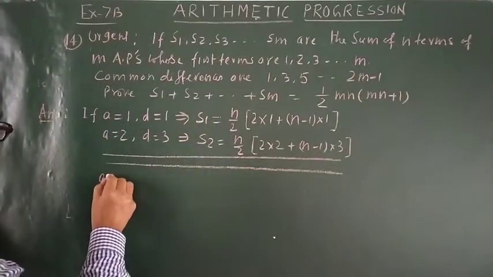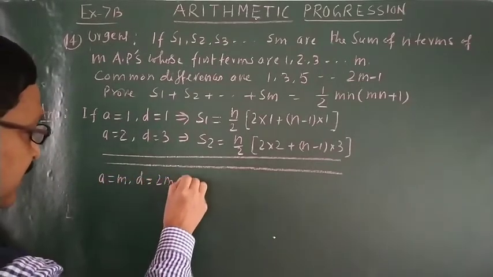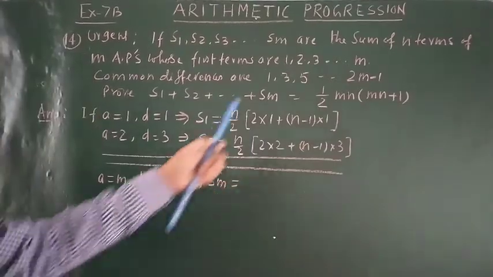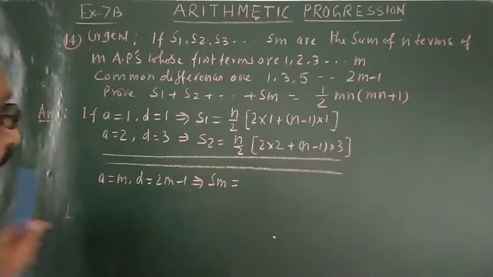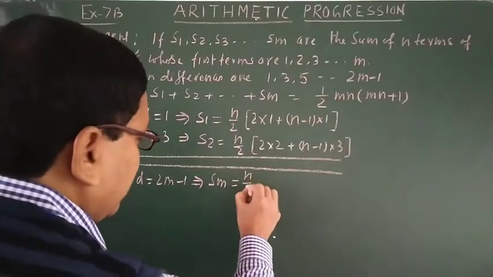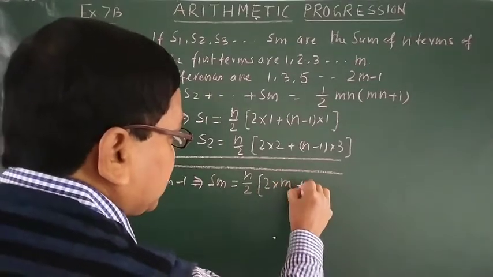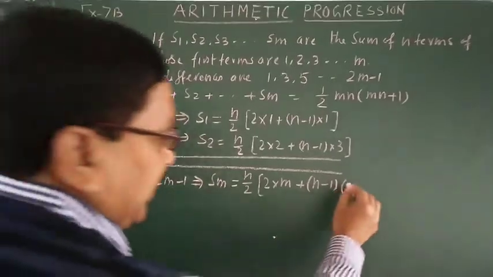If a is equal to m, d is equal to 2m minus 1, then Sm will be n by 2 (2a, a is m, plus (n minus 1) into d, d is 2m minus 1).